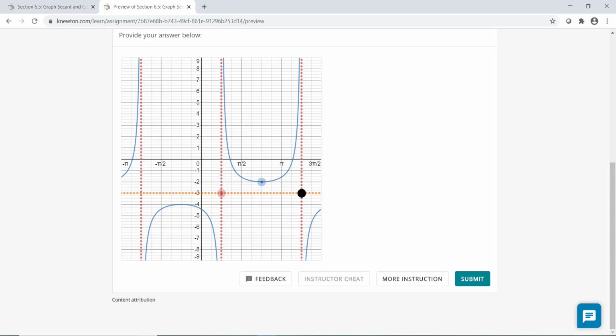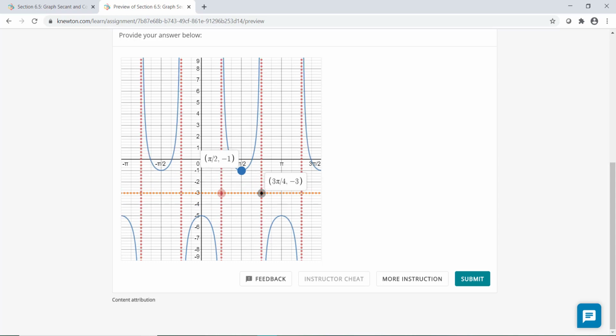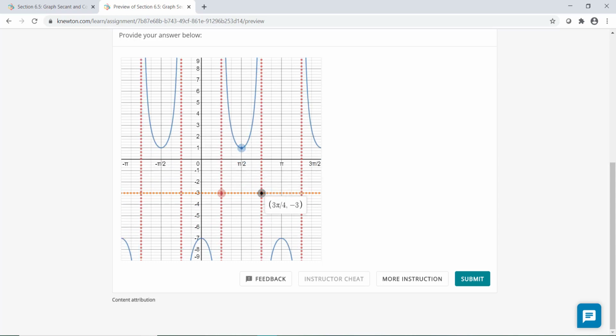Then I'm going to take my black point and move that over to 3 pi over 4, so my other asymptote, which I think is right there. Then I need to take my blue point, because right now I need that to be pi over 2, 1. So I'm going to move that up to pi over 2, 1. And notice that I do have the point over here, pi, -7.